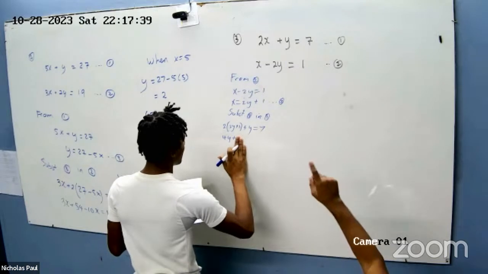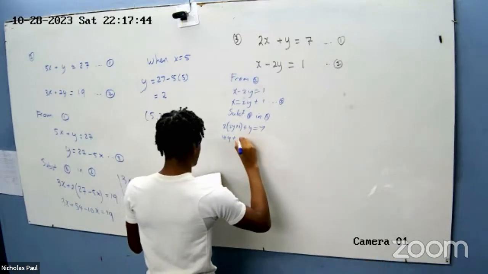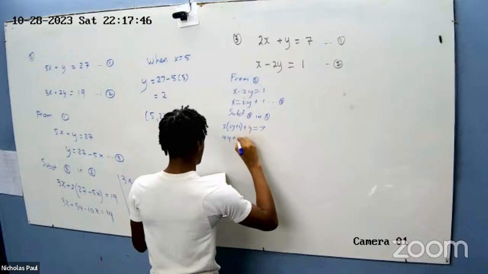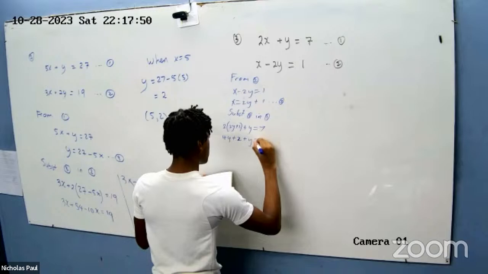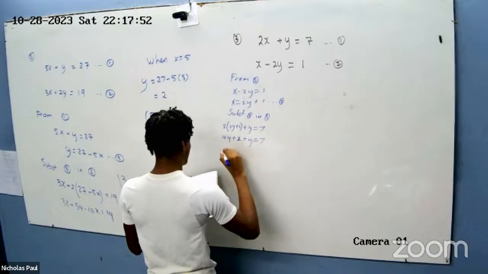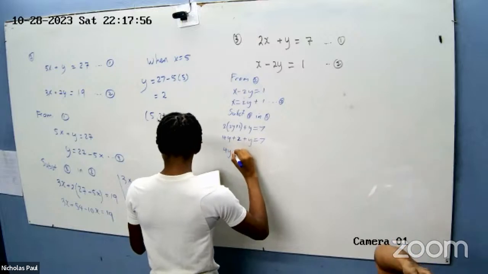But you will notice that he used equation 2 and made x the subject, and you'll get his same answer. I will do it again, but I'll use equation 1 and do the same thing.